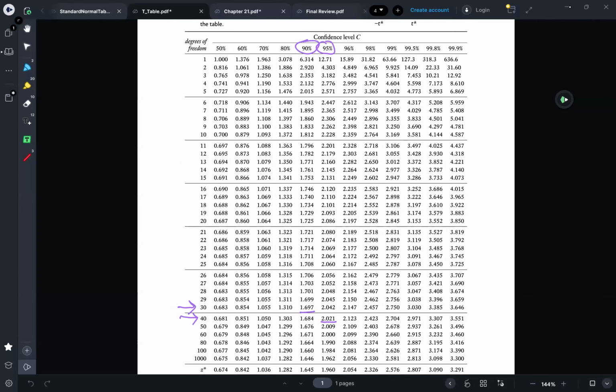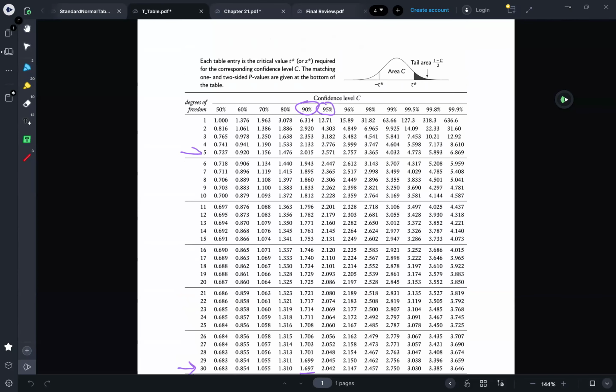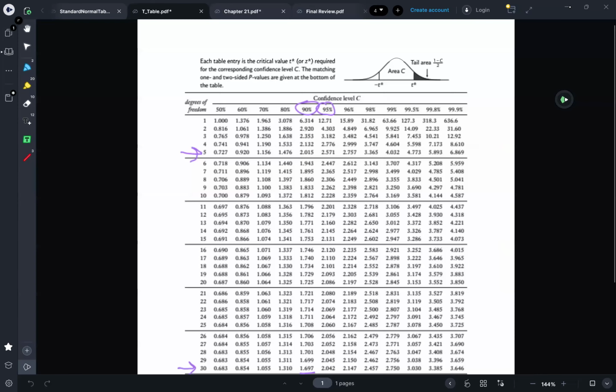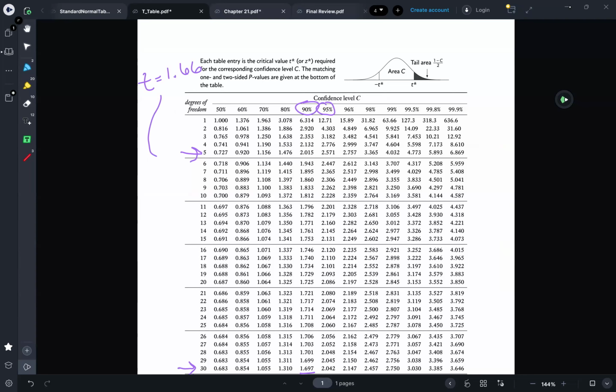So if we go to 5, we don't have any negative values, we just take the positive. 1.66 falls where? So we're looking for t equals 1.66. Where would that fall in this row?